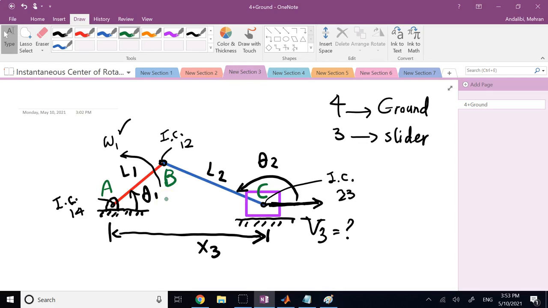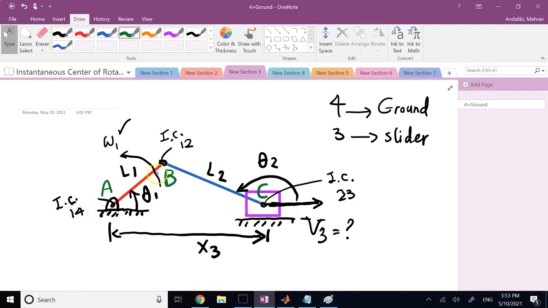So here I am interested in IC of 2 with respect to 4. 4 is the ground, so it's always important that you find your ICs of any point with respect to the ground. So where is 2 with respect to 4? Which clearly should be outside the rigid body BC, but where?